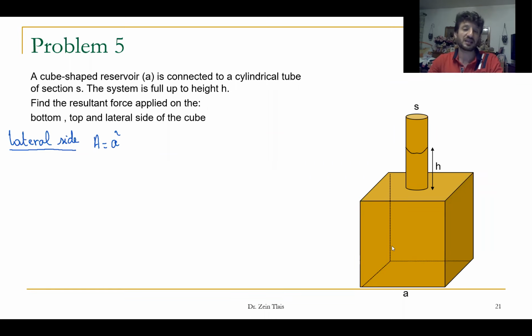We have to take a small portion of this area where we have a constant value of P. We have a small delta F applied on delta A. So in order to solve this problem, we have to take a small area like this.